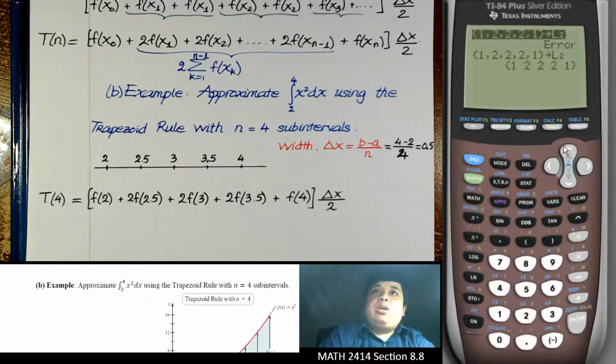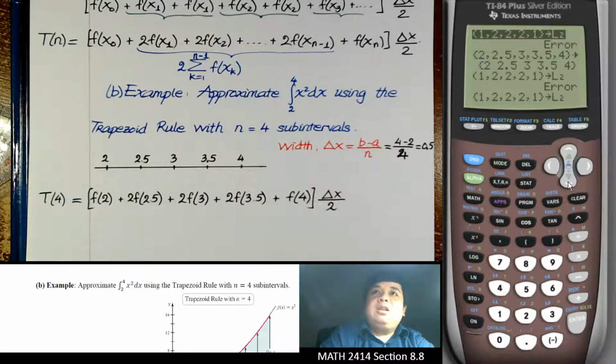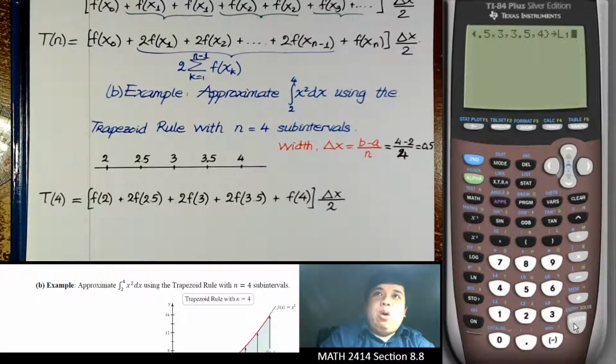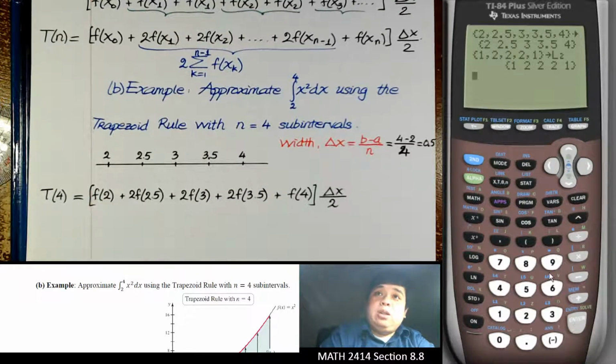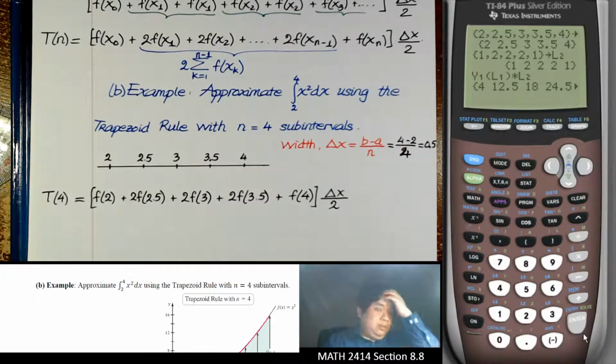So we store the numbers into list 1 and this into list 2, and then all we do is alpha trace y1, evaluate the function at list 1, and then times list 2. When we do that, we have everything in the middle, and then we just do the summation.